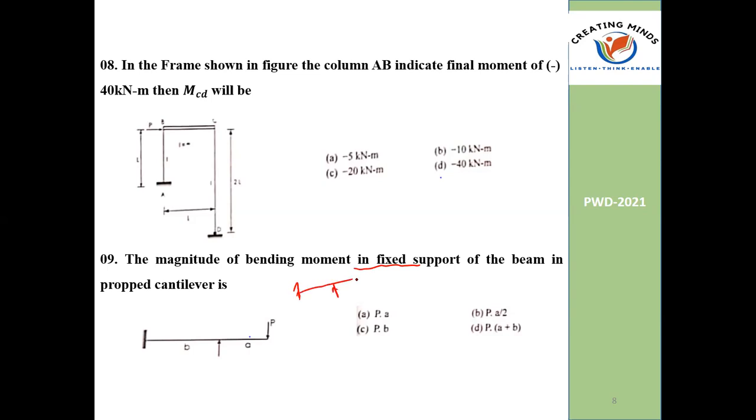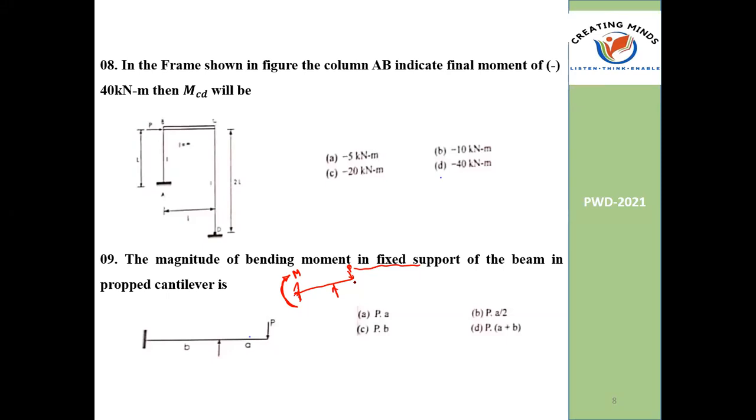So the thing is, here P, here P. What is he asking? What is the moment developed here in this case? What is the moment developed in the propped cantilever beam? We know that you are also having an overhang. For a load acting at the center, we have the standard equation.